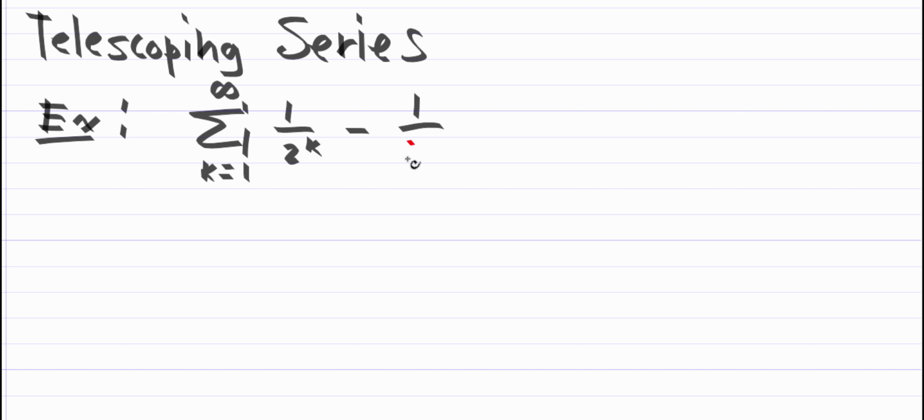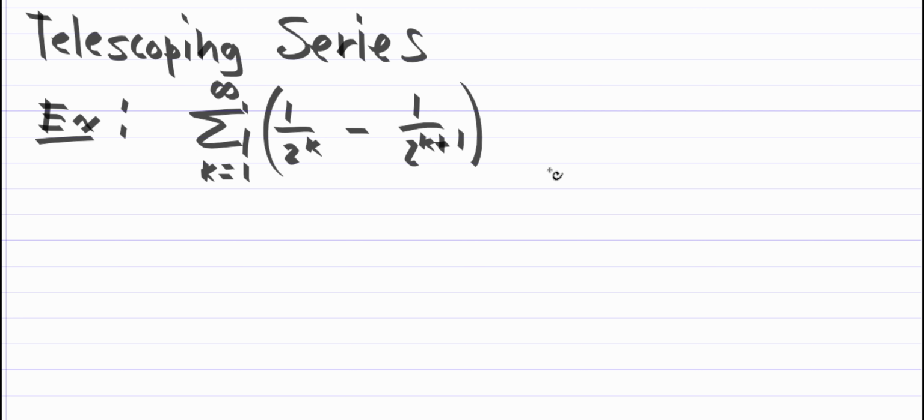So, for example, how about the sum from k equals 1 to infinity of 1 over 2 to the k minus 1 over 2 to the k plus 1. Well, there we see that this is classic telescoping.